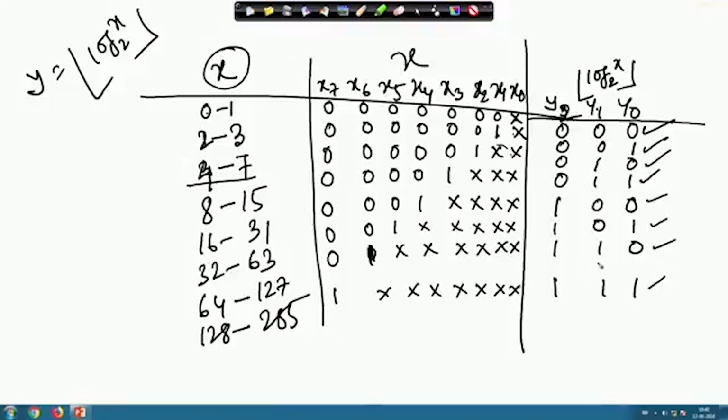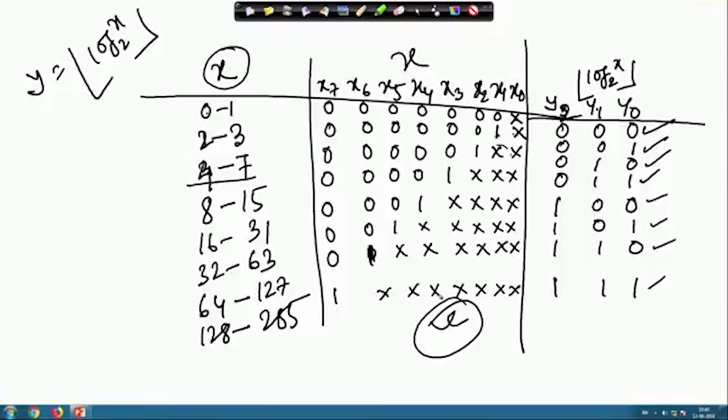So, from this particular operation table, can I conclude what the circuit for this table will be? If you see, this is nothing but a priority encoder circuit. Okay.